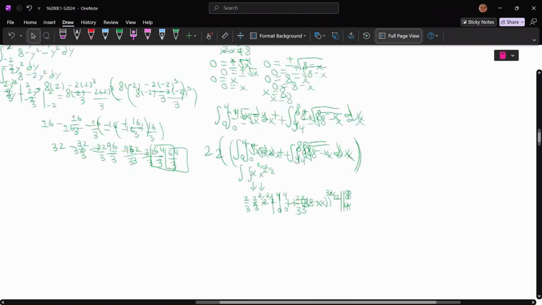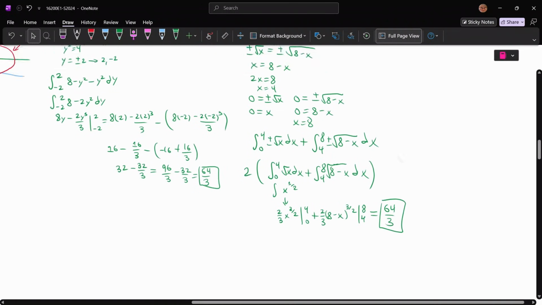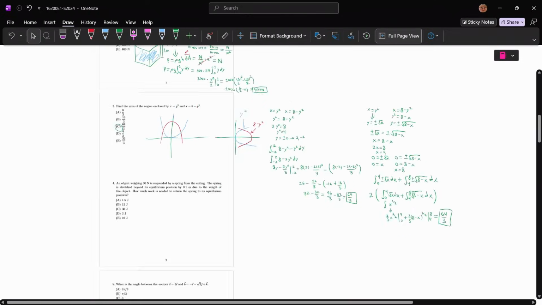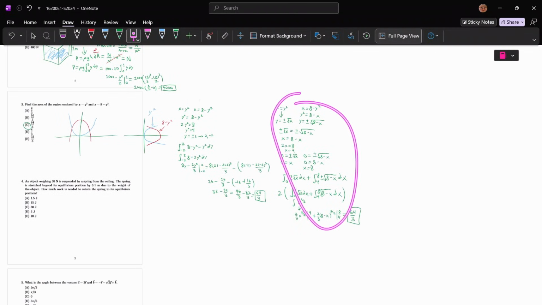Skipping the plugging in of the boundaries, if you do all your algebra correctly, this will also simplify to 64 over 3. So you can see between the two cases, computationally easy but visually unintuitive versus computationally horrible but visually intuitive. You end up at the same place, but one was computationally easier. Anyway, the answer to this question is going to be C.